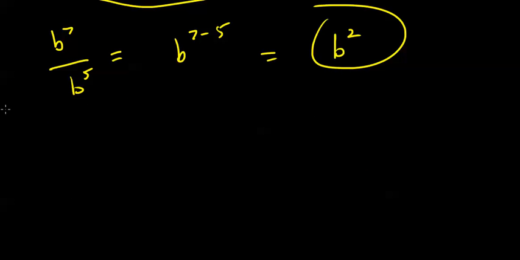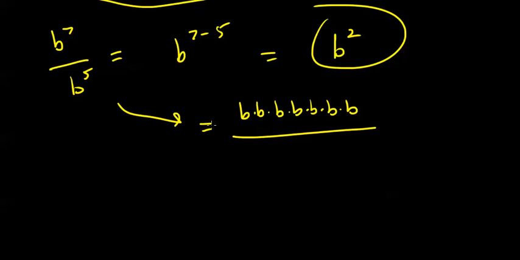Of course, did I really need to be so formal here? Well, if you've got b to the 7th power, that means you've got 7 factors of b all being multiplied. That's what b to the 7th power means, right? If I've got 5 factors of b in the denominator, of course I can write that as b times b times b, etc., right?